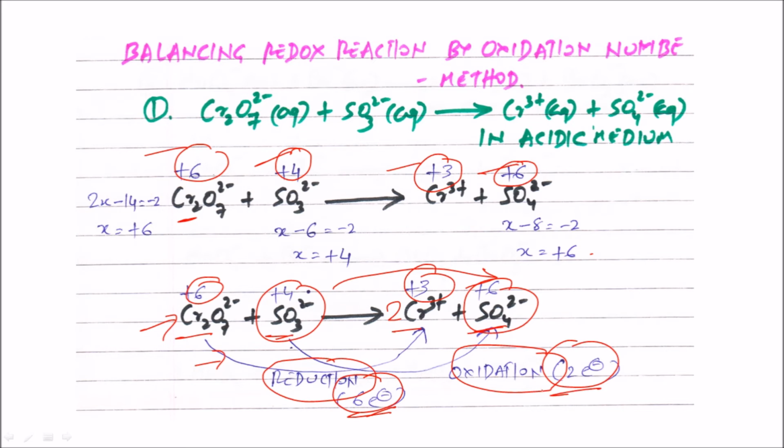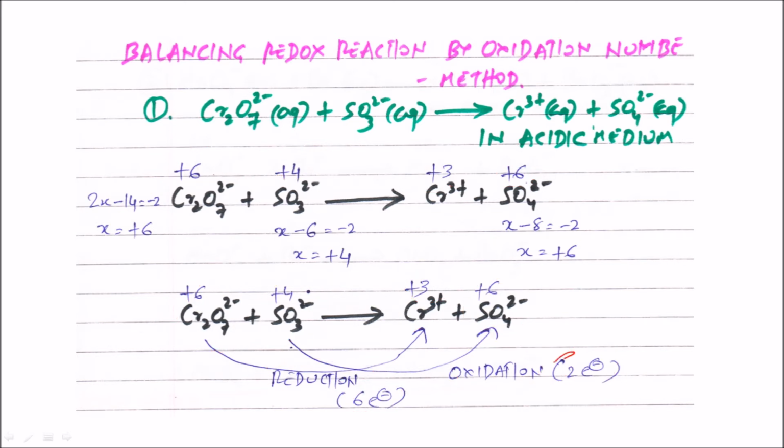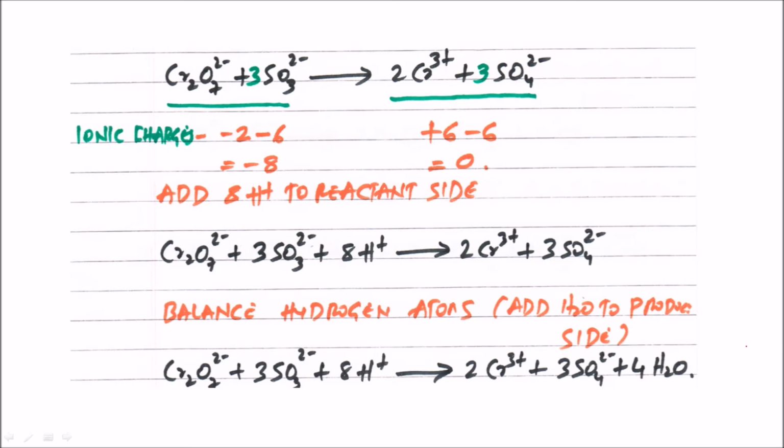So what's the next step? We need to make the number of electrons equal. So how to make it equal now? As you can see, we got 2 electrons here and 6 electrons here. So we need to make it equal, meaning the oxidation step should be multiplied by 3, so that we can make the number of electrons in both cases equal to 6. After multiplying by 3, what do we get?